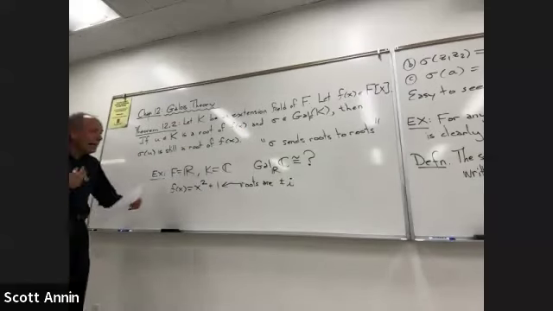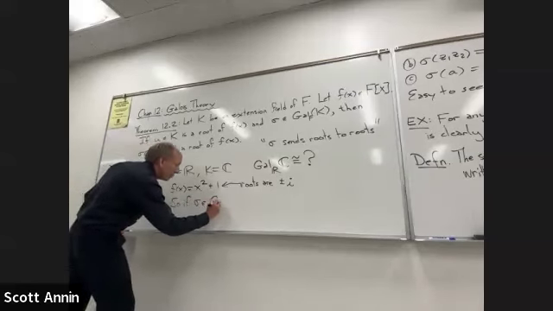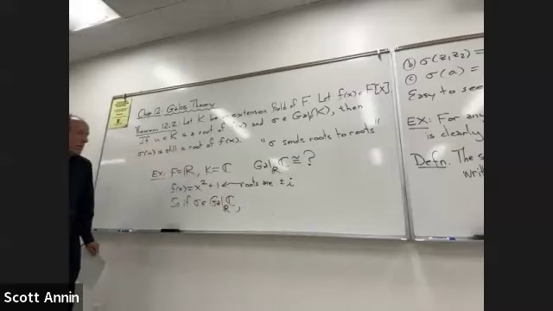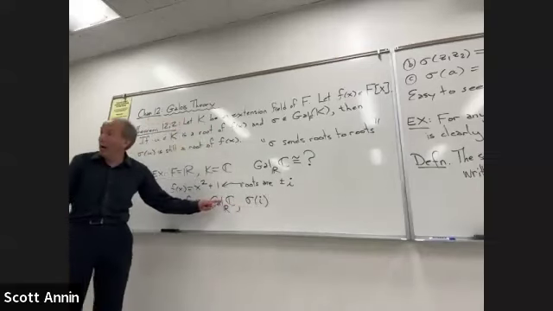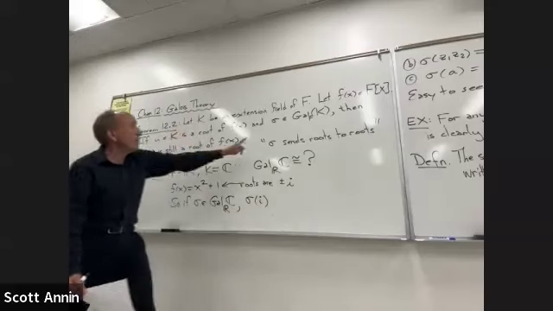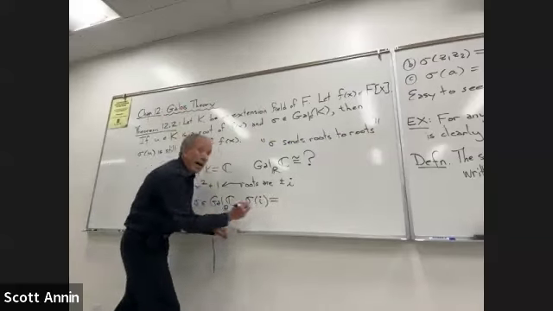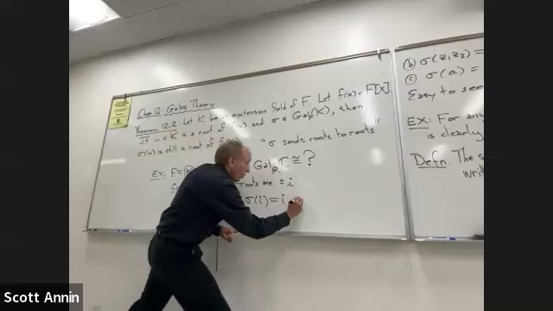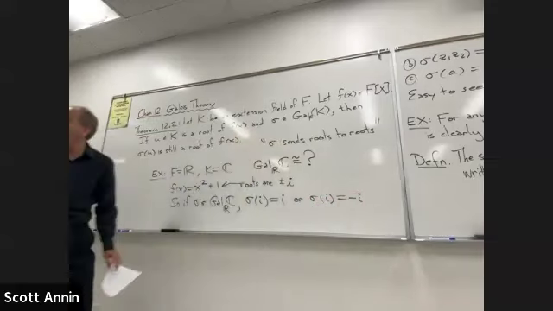And so if sigma is in the Galois group of C over R, then sigma has to, of course, map i somewhere. But we now know, if you believe the theorem, sigma must send roots to roots. So in this case, sigma of i has to either send it to itself, or send it to the other root. The only other root we have is negative i.